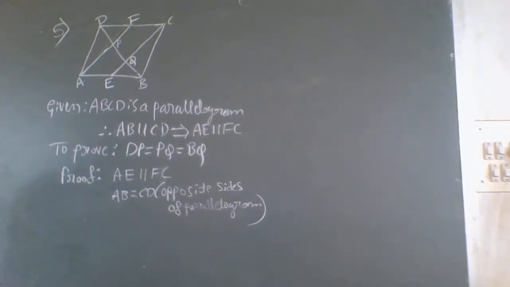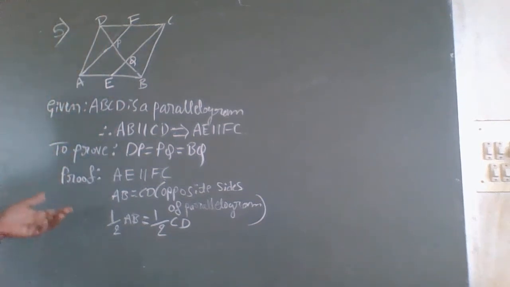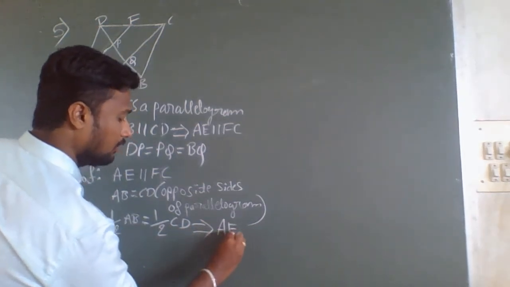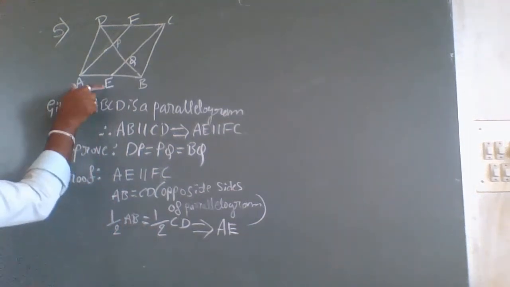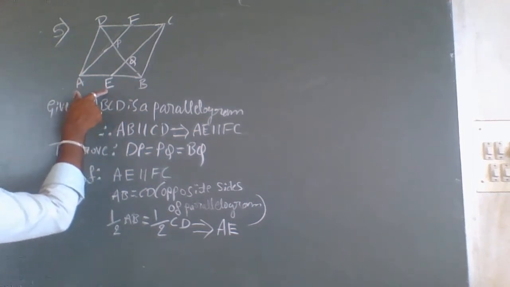Now, if AB is equal to CD, then we can write half of AB should be equal to half of CD. In the place of half of AB, we can write AE, because E is the midpoint of AB.